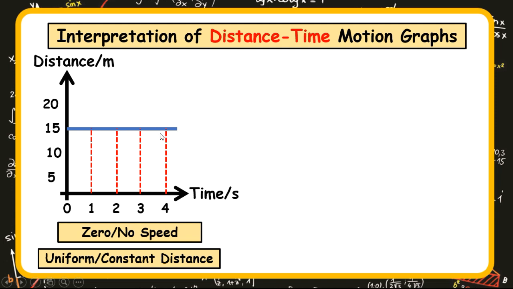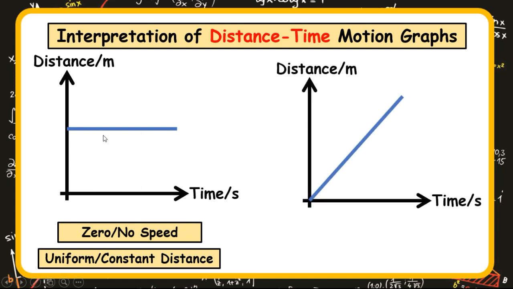So what this says is, in actual fact, there is no speed. That's why it is called no speed. It's also called constant distance because as the time elapses, still the body remains at the same distance. So notice that this is called no speed.